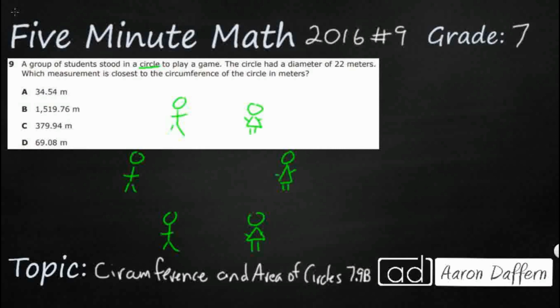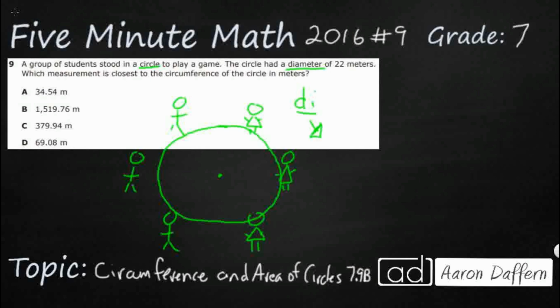So let me see if I can draw a circle. It's not going to be a perfect circle. It's probably going to end up being more of an oval, but let's pretend this is a circle. So we've got a center right there, and it had a diameter. In case we forget what diameter means, the prefix di means 2.